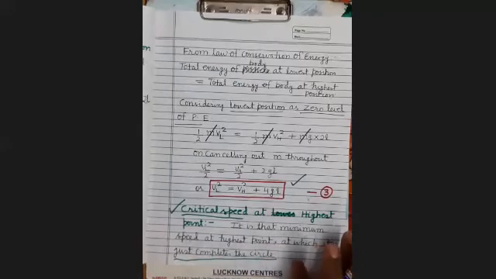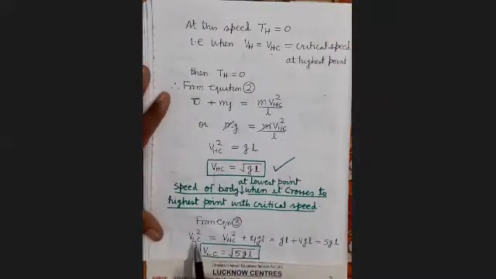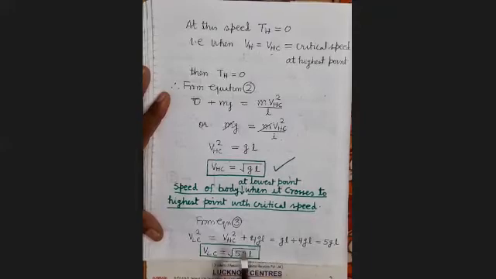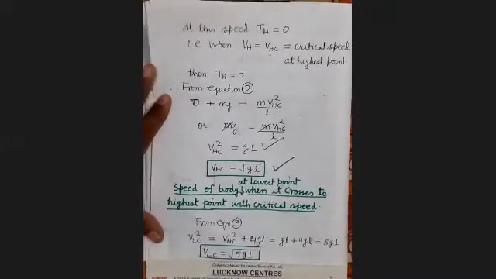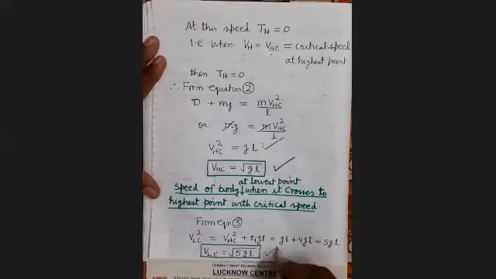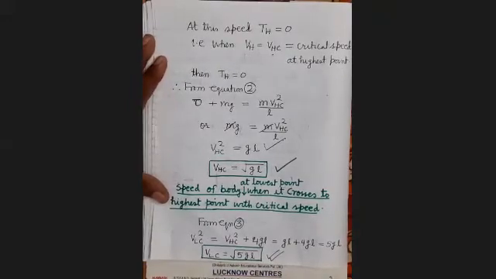On substituting, what will you get? VLC square equals VHC square plus 4GL. VHC square is equal to GL. So GL plus 4GL, that is 5GL. So the critical speed at the lowest point will be root 5GL.